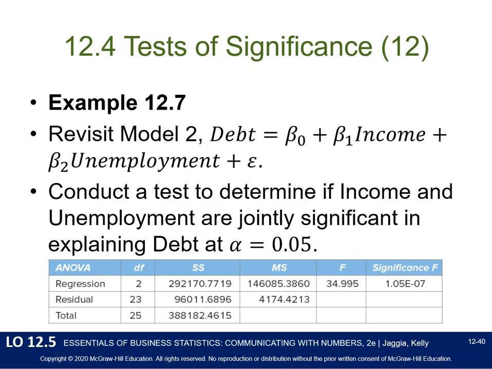So even though this model isn't bad, it's not the best one. Income without unemployment is a better model because unemployment is really not contributing anything statistically significant to our analysis.